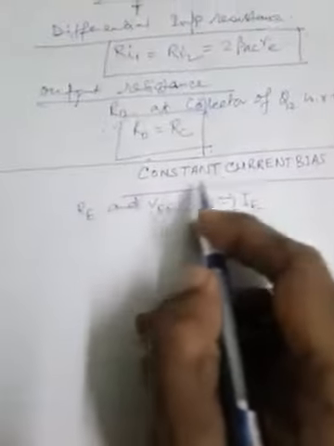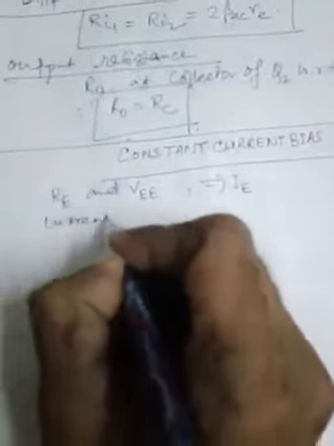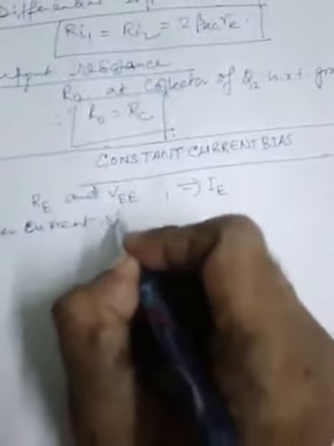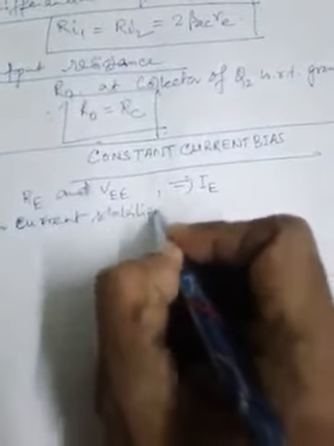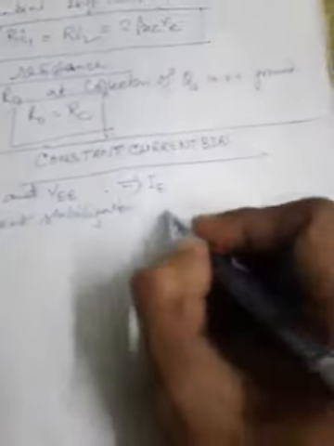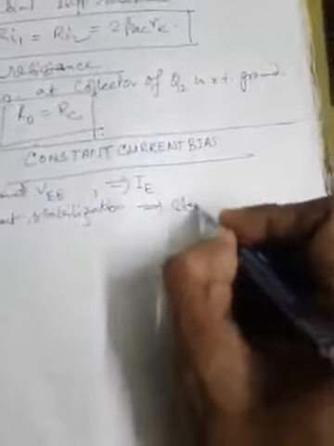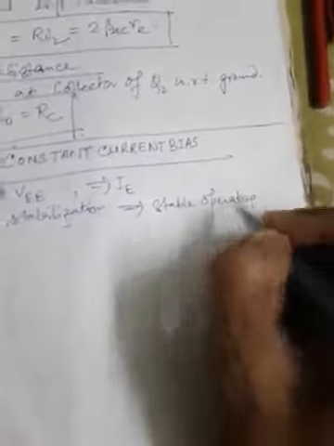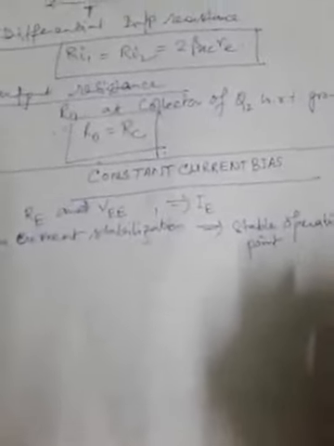So the advantage of using constant current bias over other biasing types in case of differential amplifier is it provides better current stabilization and from there stable operating point or Q point. So that is important for the operation of BJTs.